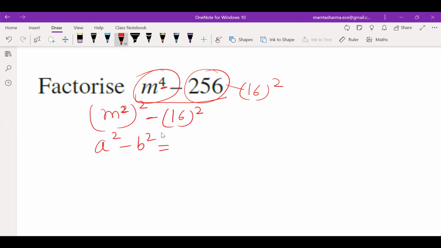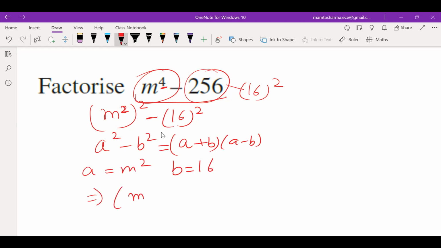You have to use this identity, a plus b, a minus b, since we have 2 perfect square terms. Here a would be m square and b would be 16. So your answer would be m square plus 16 and m square minus 16. Clear?